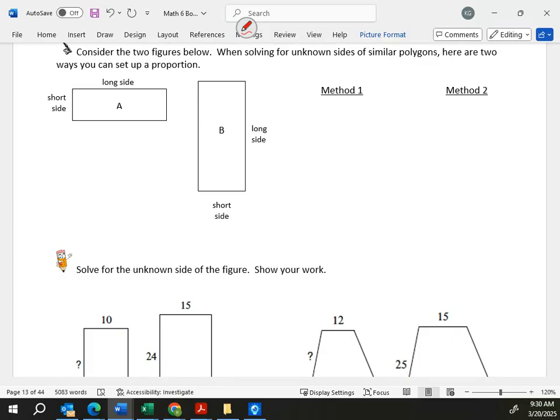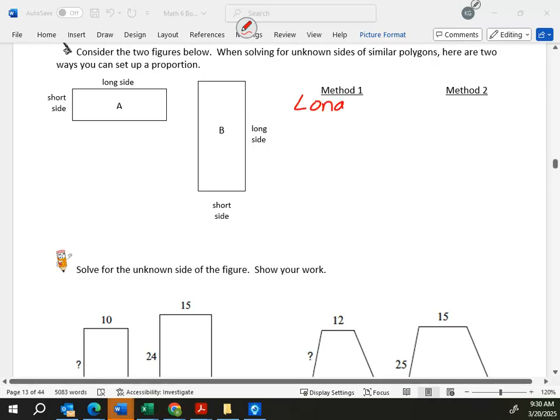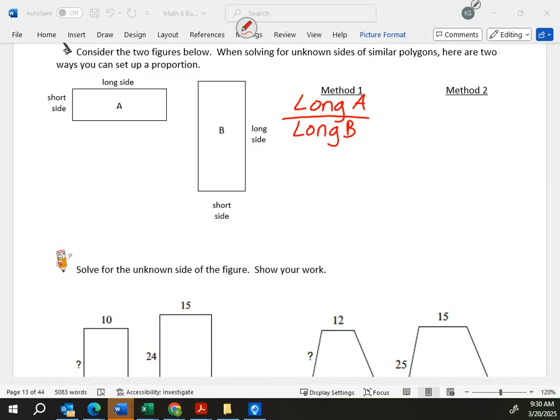So method one, I'm going to put the long side of A over the long side of B. And that's going to equal the short side of A over the short side of B. So that long side over the long side number, the short side of A over the short side of B.